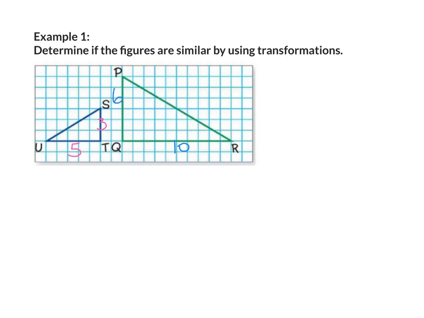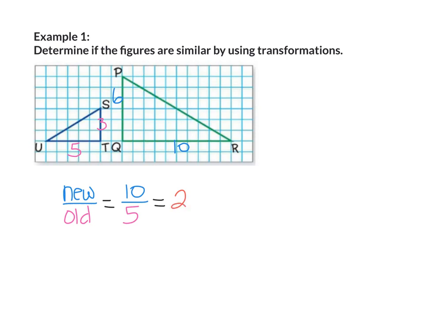So what we're going to do is take the new image, which is the large triangle, and divide it by the old image, which is the small triangle. So we're going to start with the base. So the base of the new triangle is 10, and we're going to divide that by the base of the old triangle, which is 5. So 10 divided by 5 will give us 2.